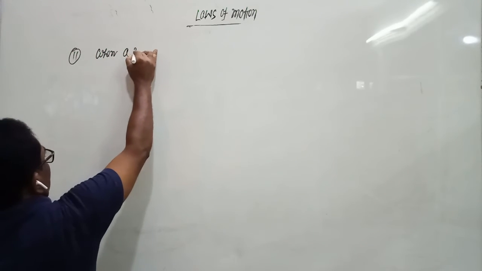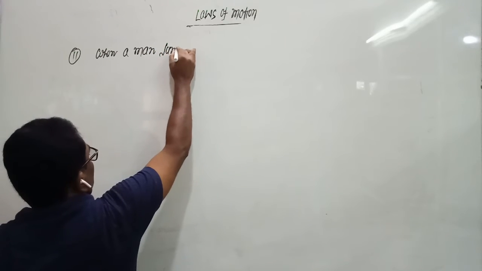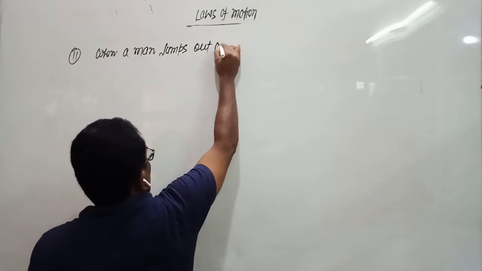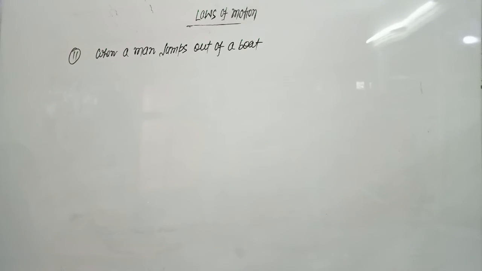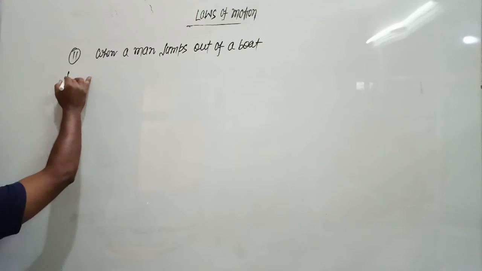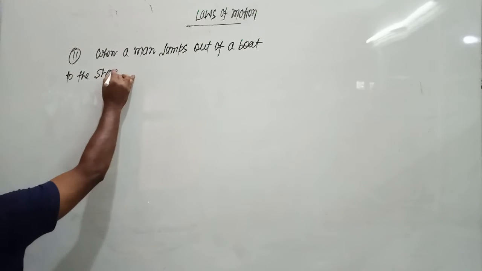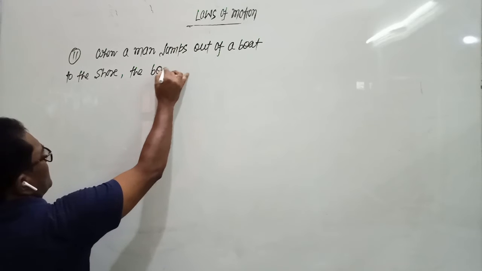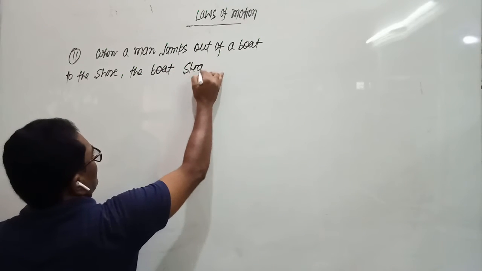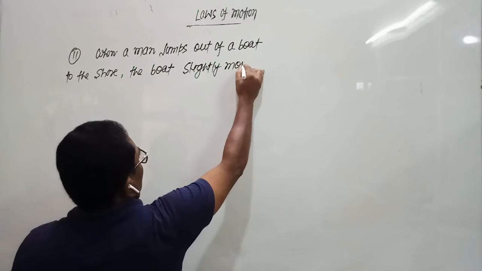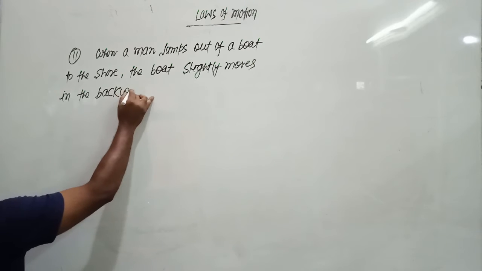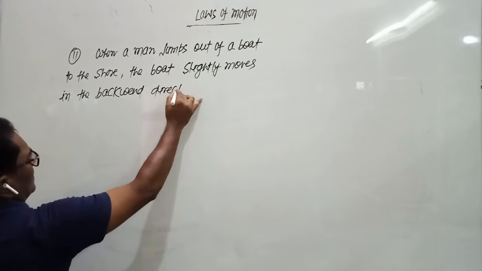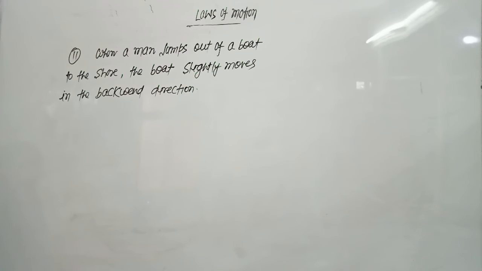When a man jumps out of a boat to the shore, the boat slightly moves in the backward direction, away from the shore.